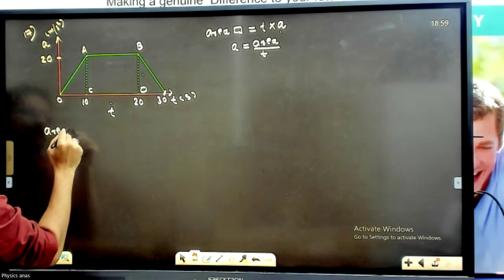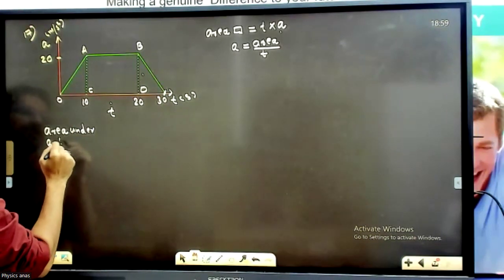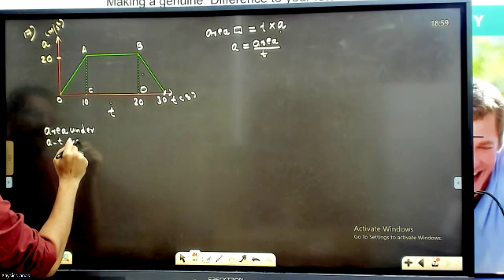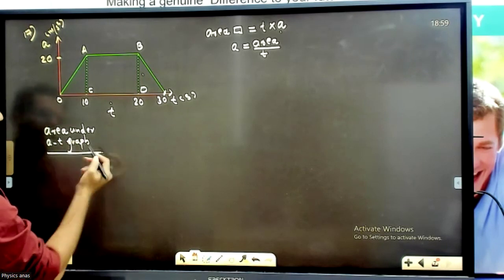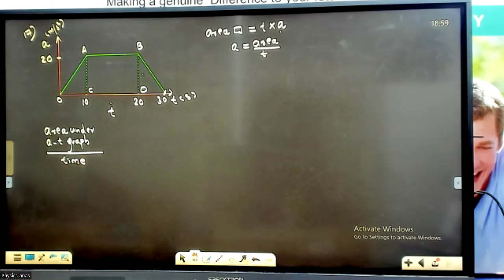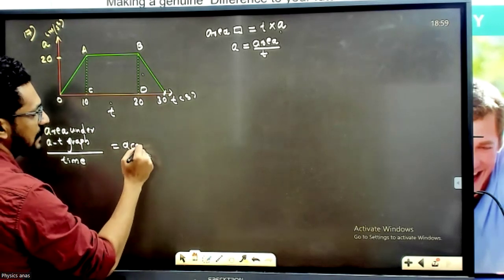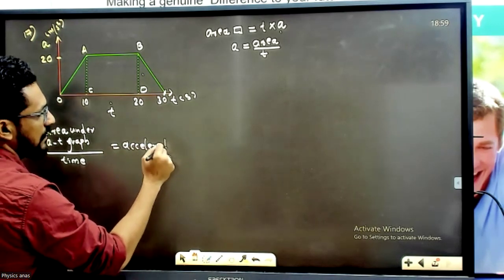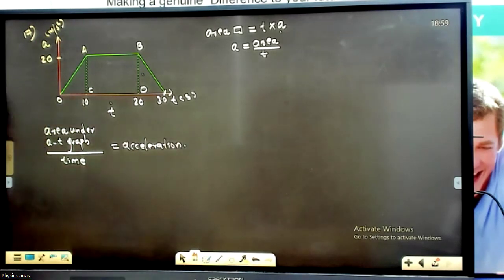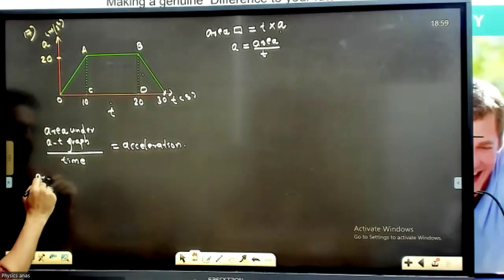Area under acceleration time graph divided by time will give you average acceleration. Did you understand that? Area under acceleration time graph divided by time will give you acceleration. Okay, so I am going to find the area.